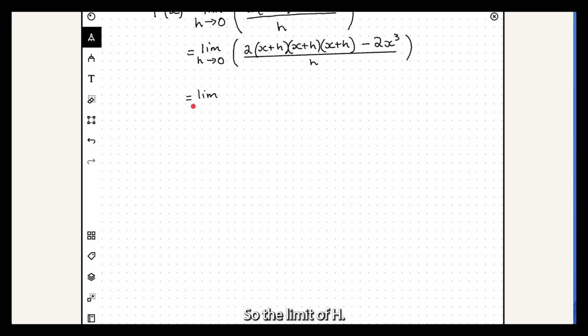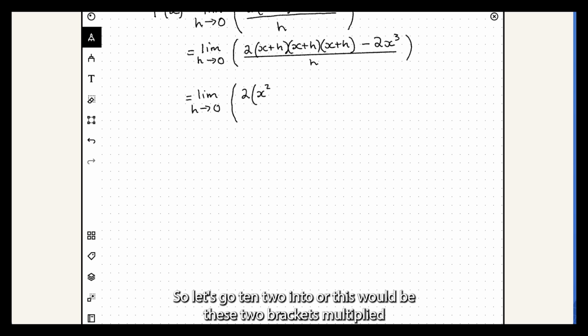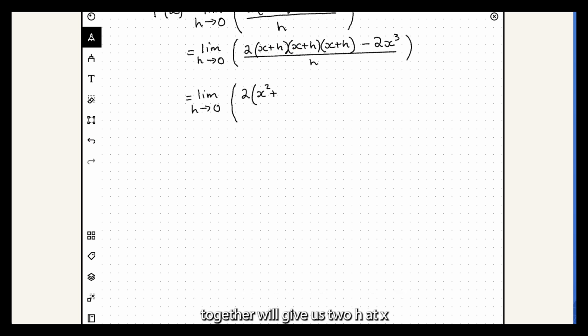So the limit as h tends to 0, that's how we say it. So h tends to 0, and I'm going to multiply out these brackets and multiply them by 2. So these two brackets multiplied together will give us 2hx plus h squared, and x squared at the start, and I need to multiply that by x plus h.